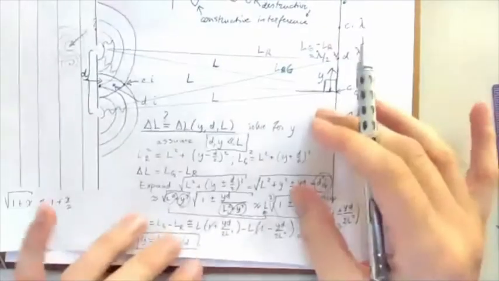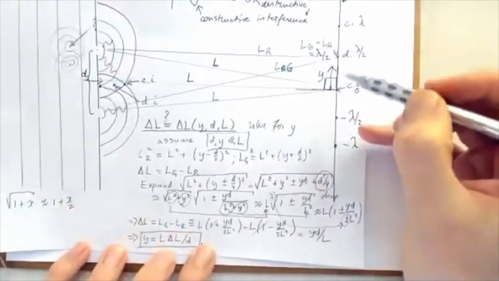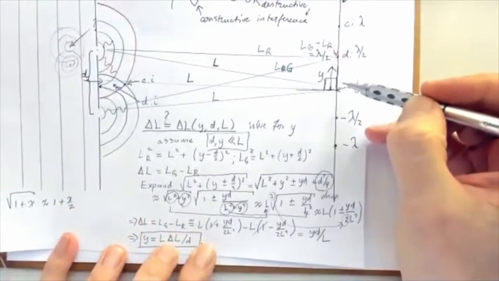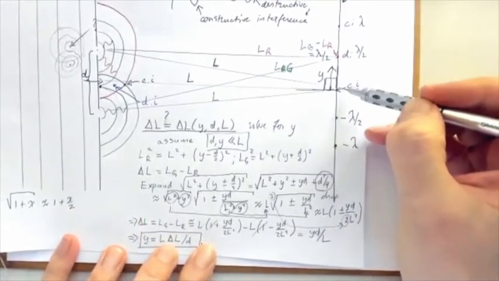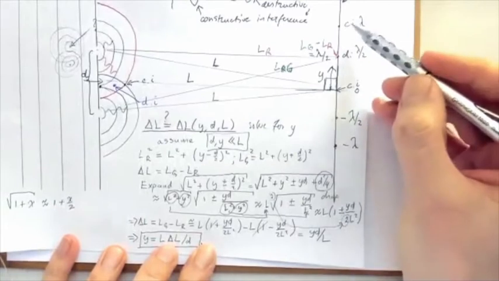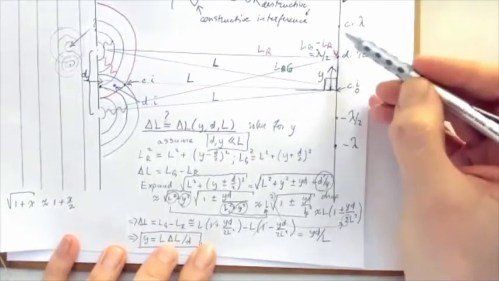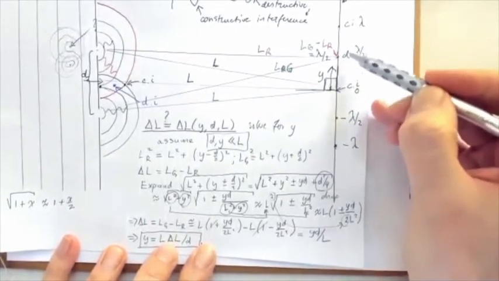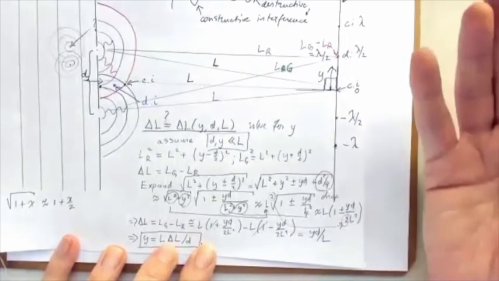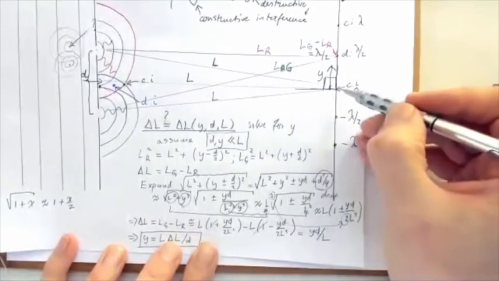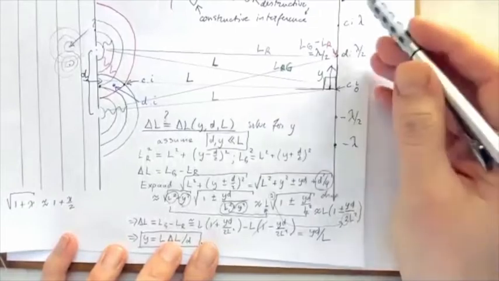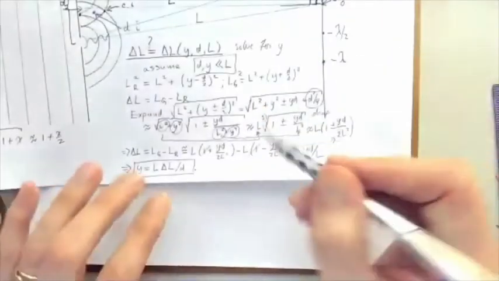Well, remember what I was saying. If the path length difference is lambda, then you get a bright spot. If it's half a lambda, then you get a dark spot. So in other words, if it's 0 lambda, 2 lambda, then you get bright spots, right?